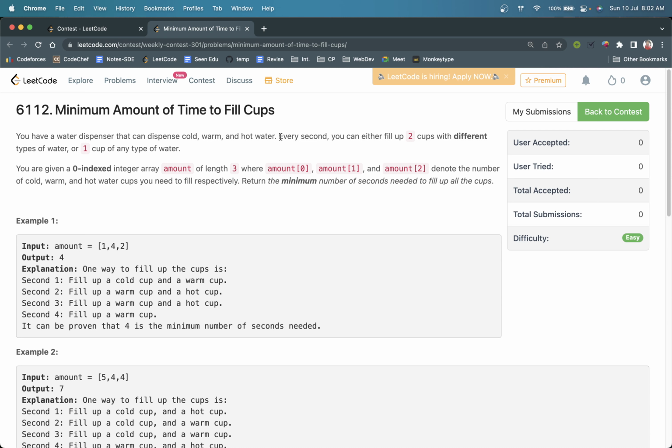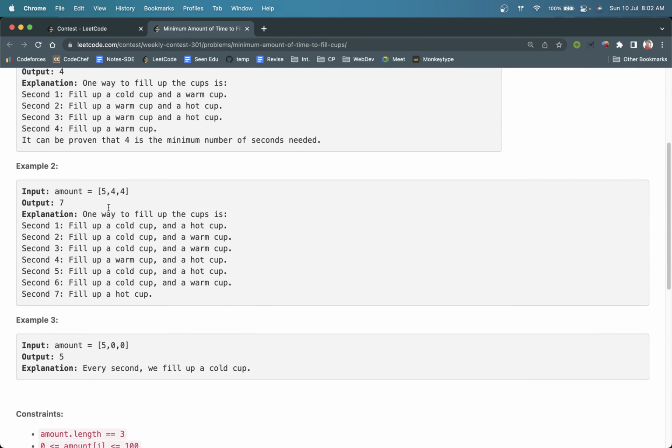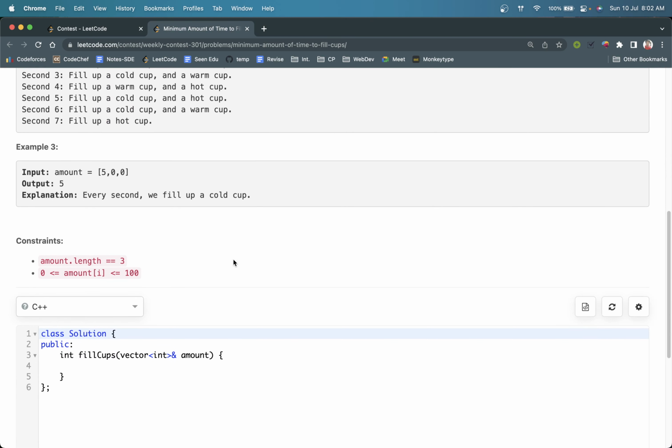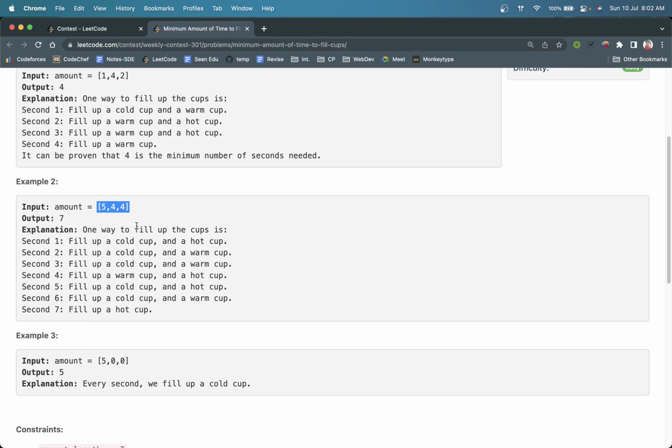Number of seconds we are filling. 3 different cups. We are filling 2 different ones. For the 5 for one.